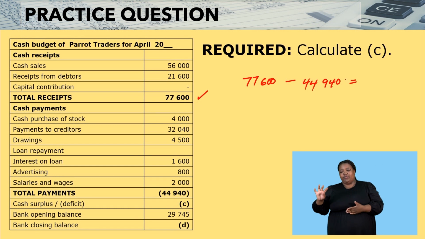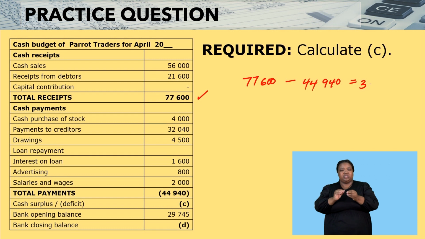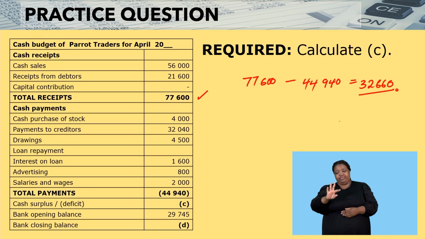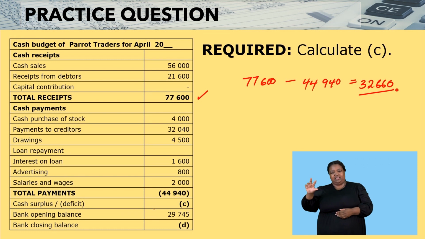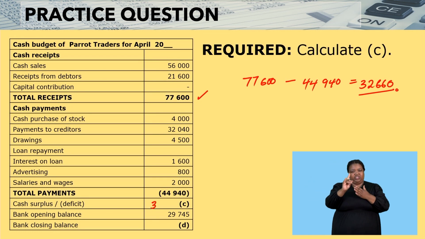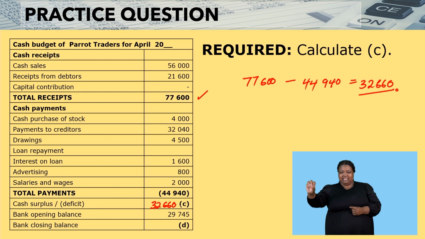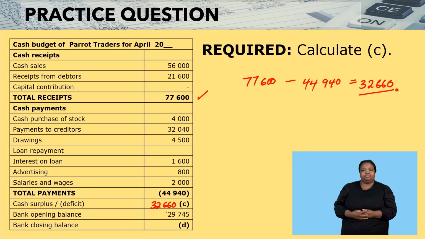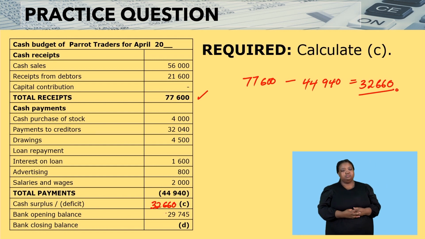I'll end up with 32,660. And this is a positive balance. That means it's a cash surplus of 32,660. That is the answer to C.